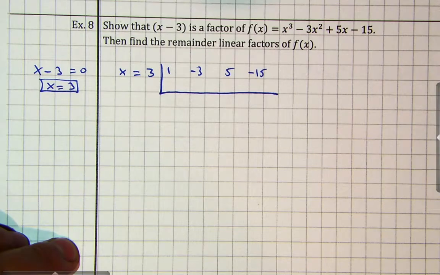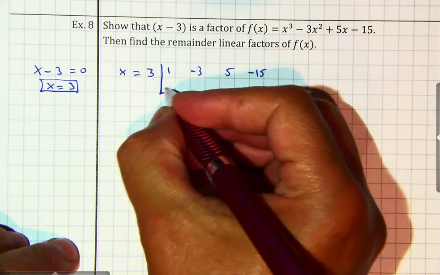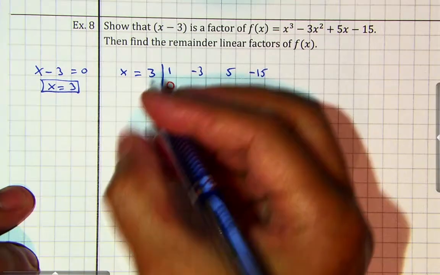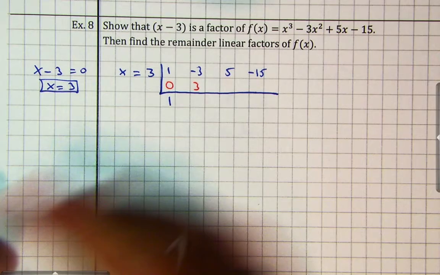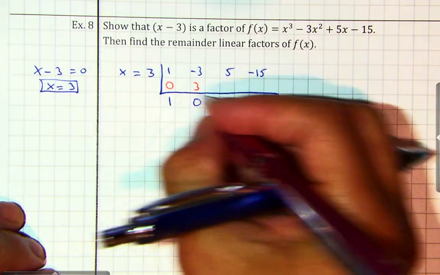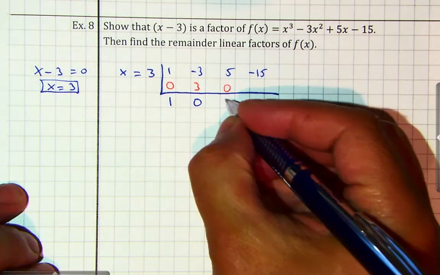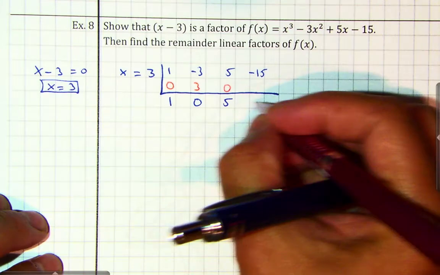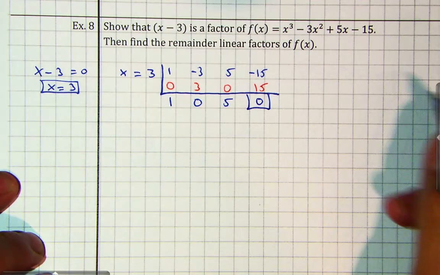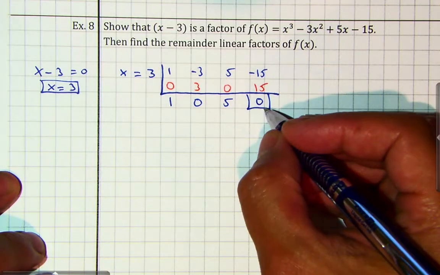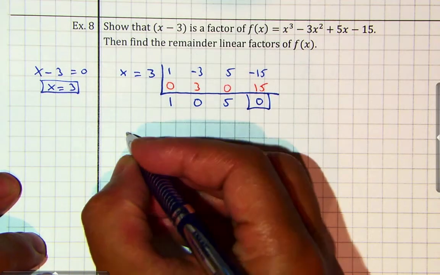And then I start the process. Bring down the 1, then we multiply, add, multiply, add, multiply, add, perfect. So therefore, since we have 0, the remainder is 0, that means that x minus 3 is a factor.